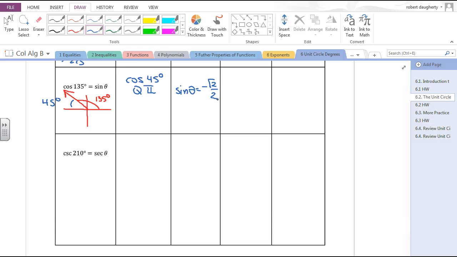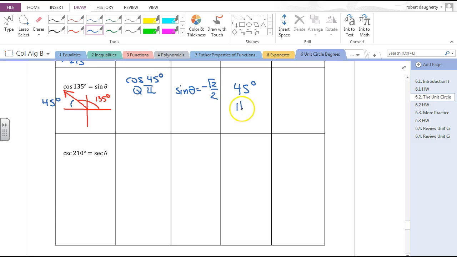Now, the sine is what coordinate? Y. So where is y equal to square root of 2 over 2? Y equals square root of 2 over 2 on where? 45 degrees. And what's in front of that square root of 2 over 2? Negative. Where is sine negative? Yeah, third and fourth.